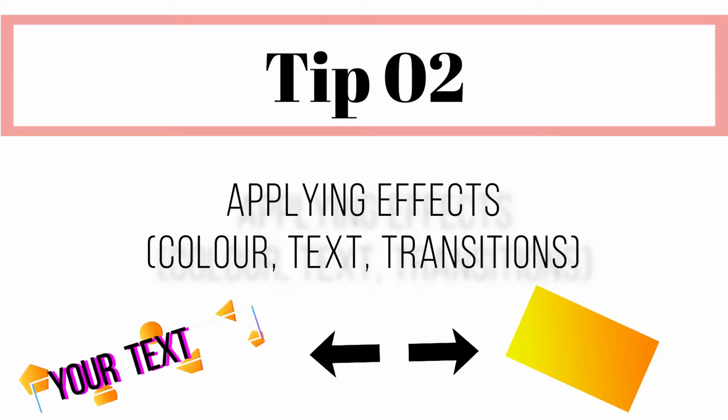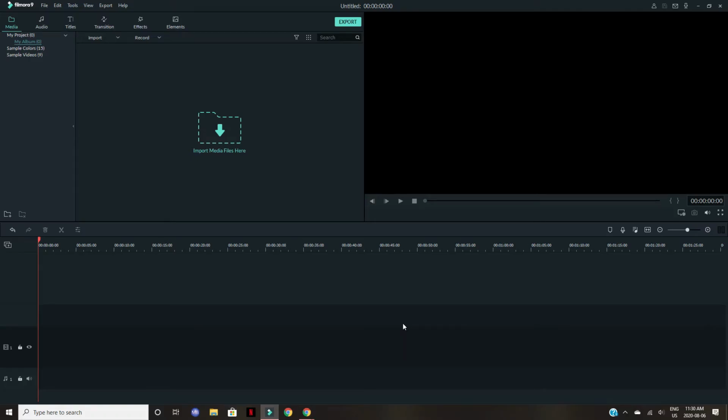Tip number 2 is to apply your effects, so color, text, and transitions. When you upload content, for example, as you saw in the first clip, I put my SD card into the computer.